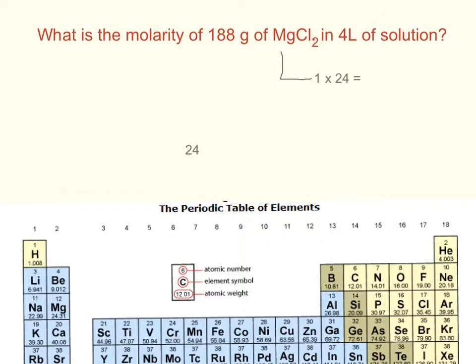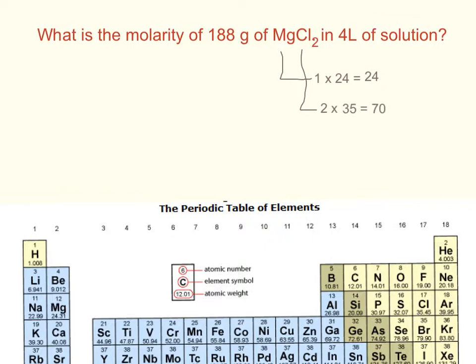So we have 1 atom of magnesium weighing 24, so our total weight for magnesium is 24. We have 2 atoms of chlorine. Each of those weighs about 35, and again we will round.